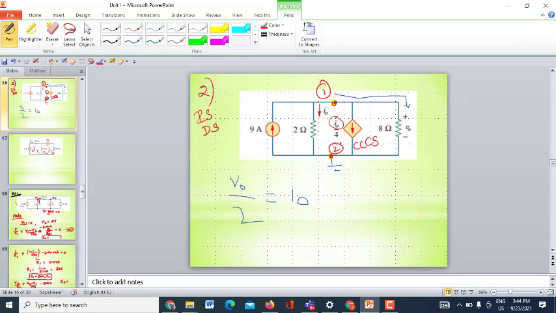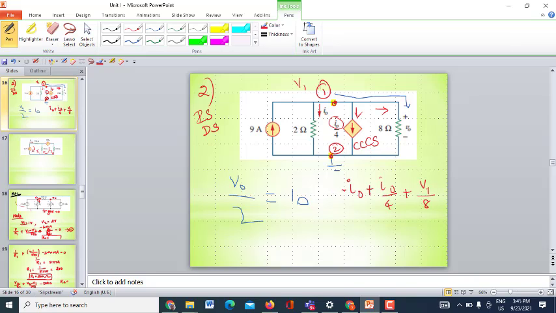When I write KCL for this, let the node voltage be V1. Let me take all outgoing currents as positive. So I0 by 4 plus V1 by 8, with V1 and V0 being the same, equals 9 amps.